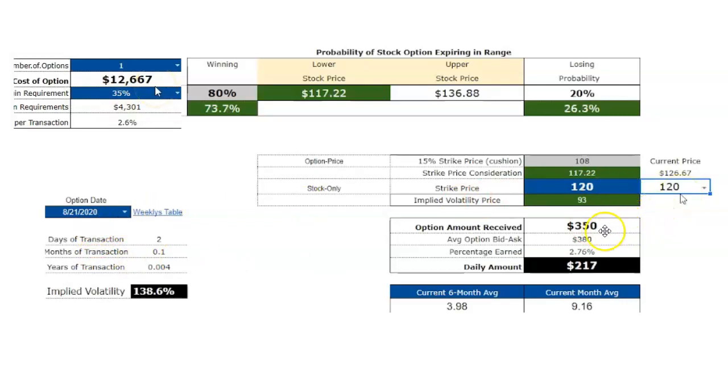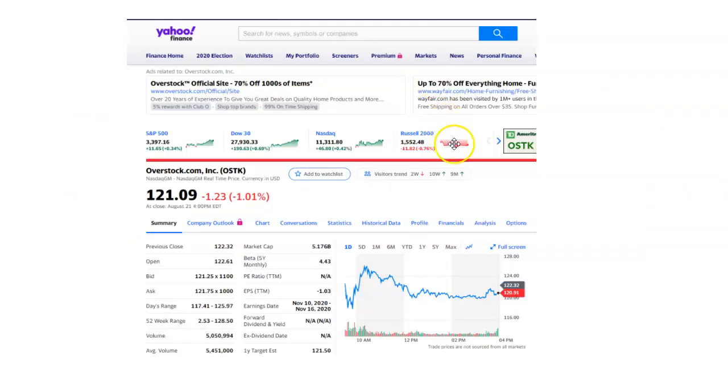But in return for that, for the option, we would get paid about $350, earning us a percentage of almost 3% for 2 days.